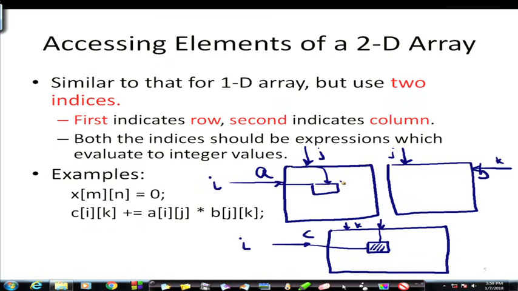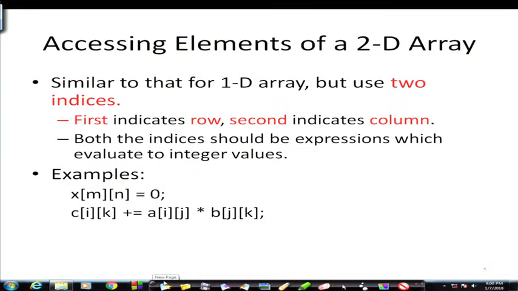I am taking this element and I am taking B[J][K] for the B array, J row and K column. So, I am taking another element from here. So, I am taking this element multiplied by this element here and adding that with this element taken from C. That is what I am doing. Okay. So, this is a simple example, but this has got far more reaching implications. You will realize that soon.